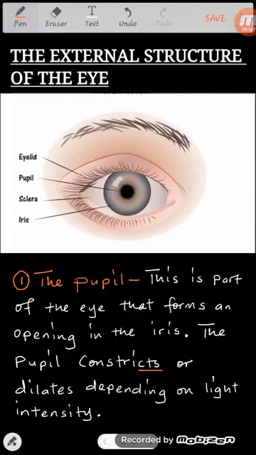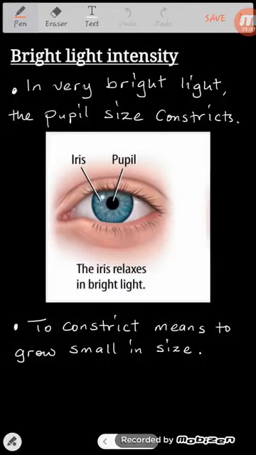So from this explanation, you can see therefore that the pupil either grows big or grows smaller in size depending on the amount of light in the environment where a human being is found at a particular point in time.